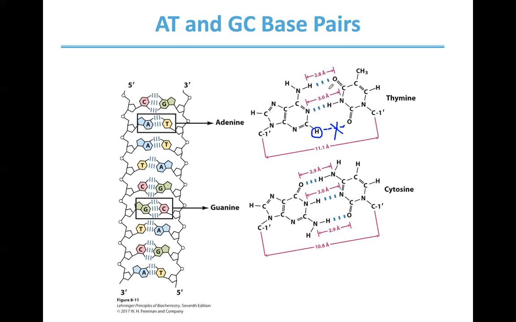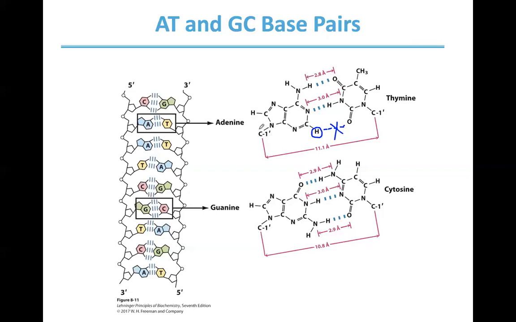And 2 bonds are possible, about 3 angstroms long. Now with G and C, there are 3 hydrogen bonding possibilities: hydrogen bond acceptor, donor, donor, donor, acceptor, acceptor. So they switch roles. Okay, this is something that you should be able to recognize and explain, why G pairs with C and A pairs with T, right?